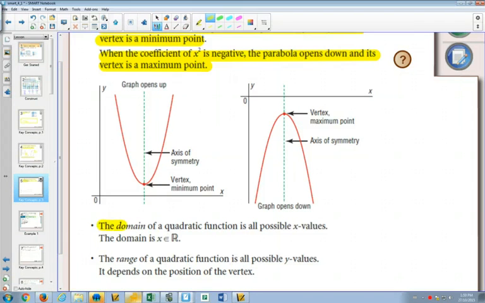We're going to find out that the domain of a quadratic function is everything. So we always write the domain is x ∈ R. But the range depends on the vertex.